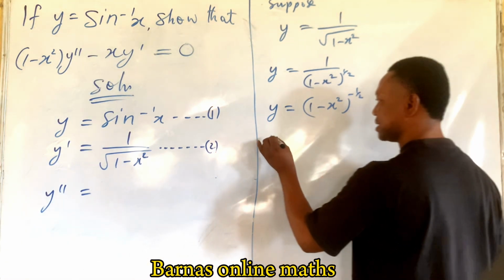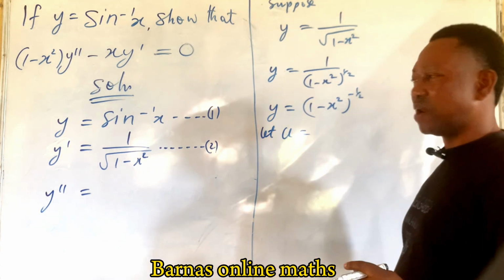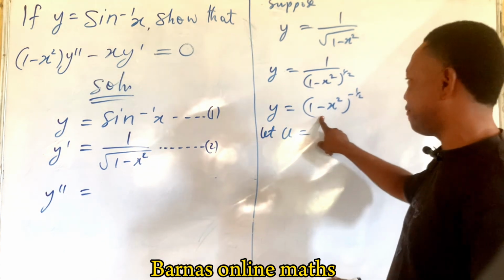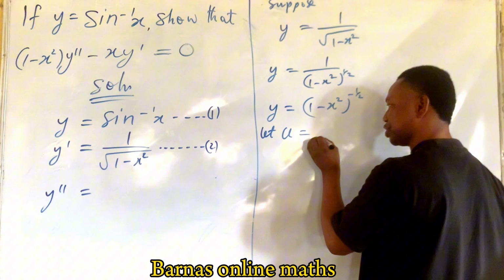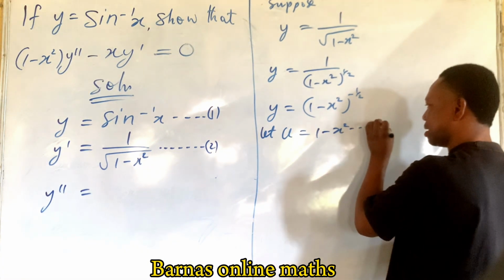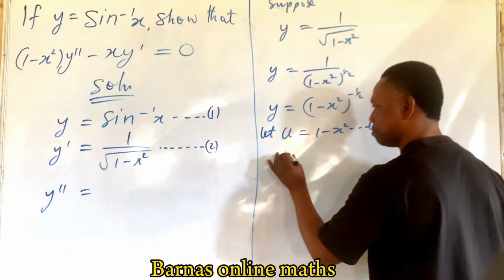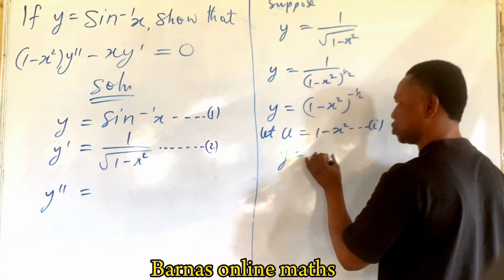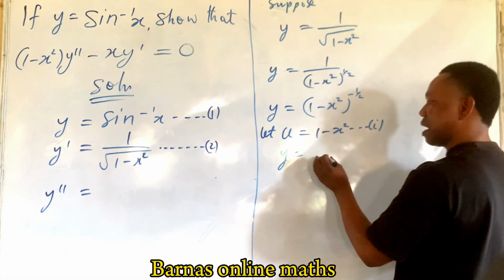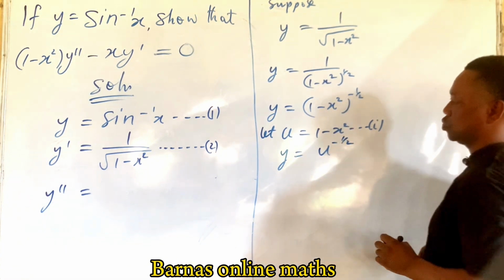Applying chain rule, which says let u represent everything that is a function of x inside the bracket, which is 1 minus x squared. Let's call this equation I. Therefore, the original problem now becomes y equals to, instead of this, we now replace it to be u all raised to the power minus 1 over 2.